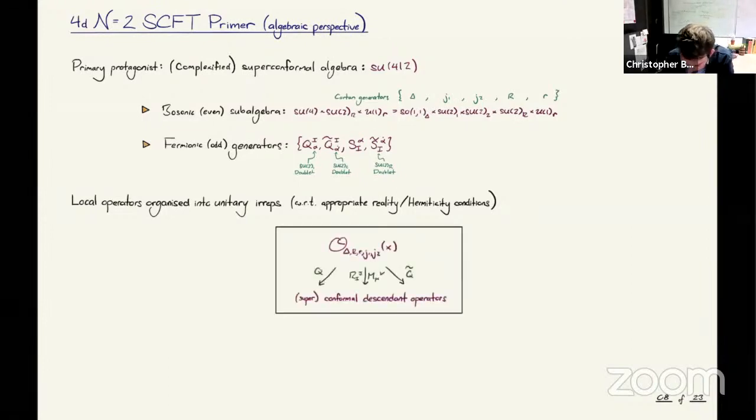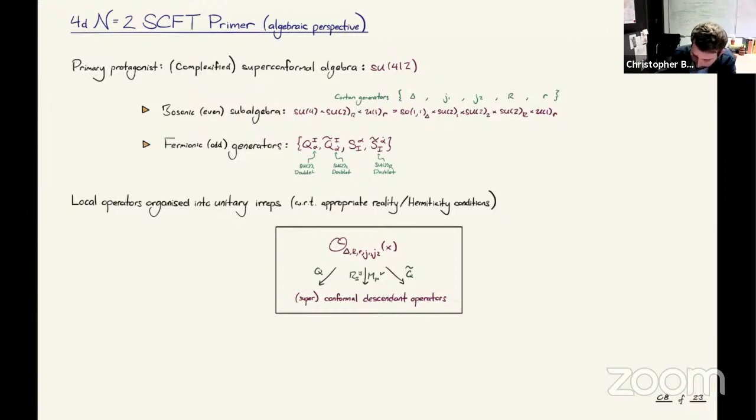And the general structure of these is that you have a so-called superconformal primary operator. I didn't label it on here, which is this O, which will be labeled by its eigenvalues under these various Cartan generators I introduced up here. And then you act with all of the generators of the algebra and you fill out a full representation.